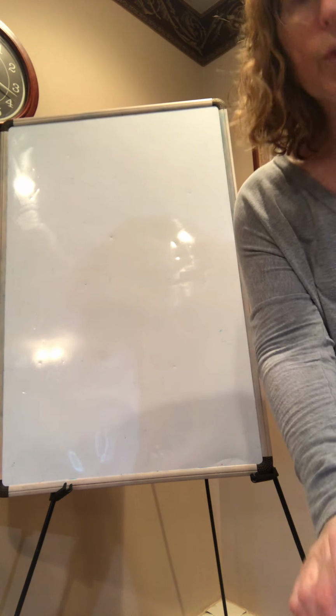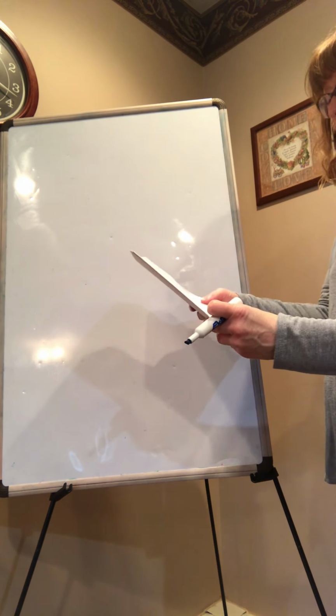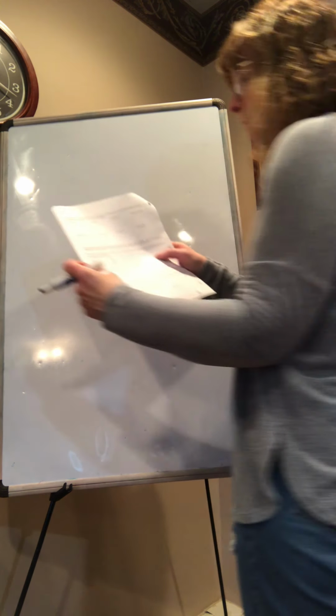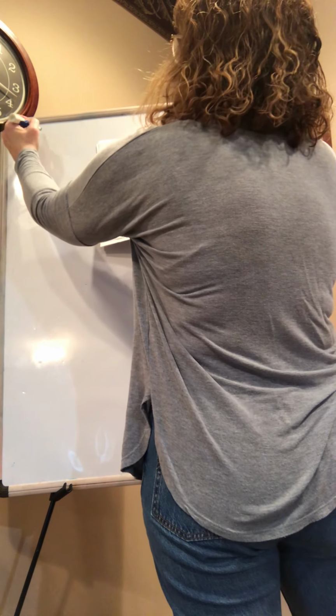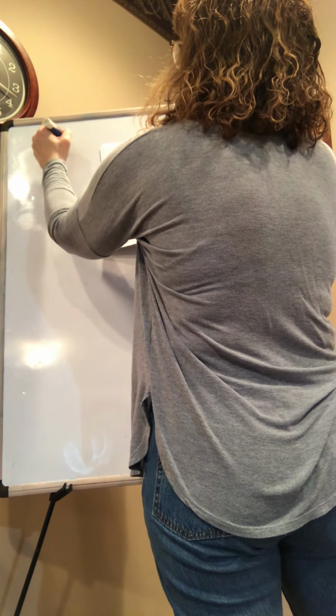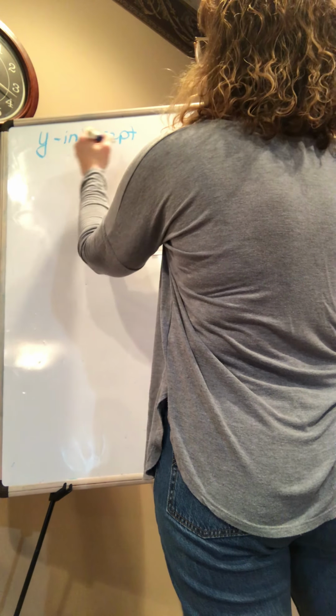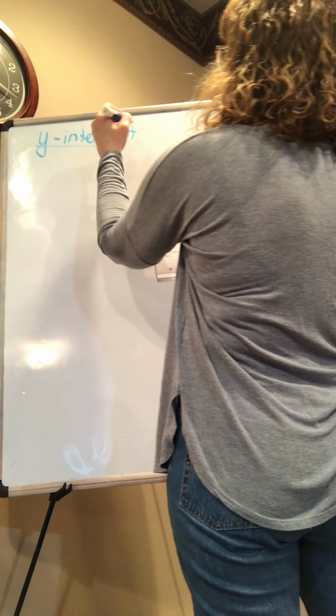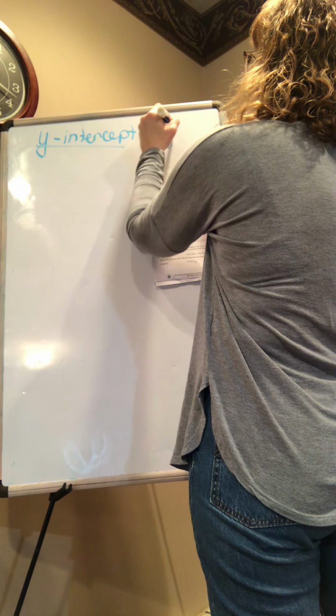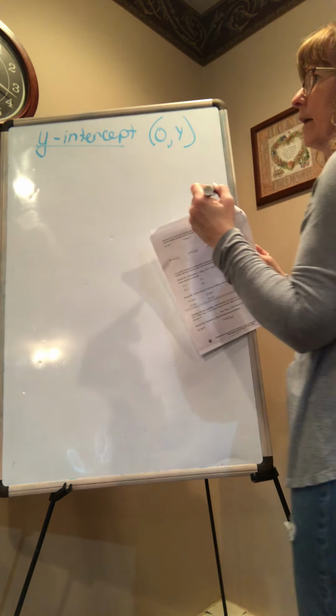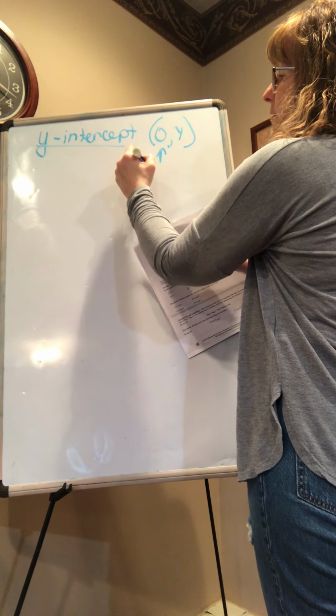Or if you know that the y-intercept is the place where x is 0, when you have the y-intercept, this means 0, comma y as an ordered pair. X has to be 0.